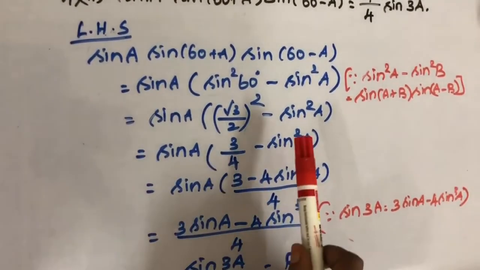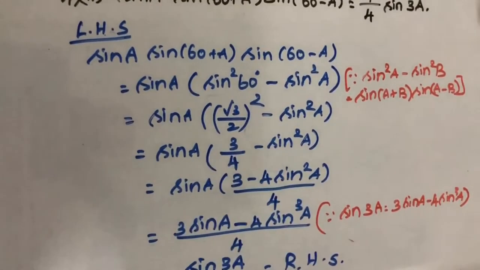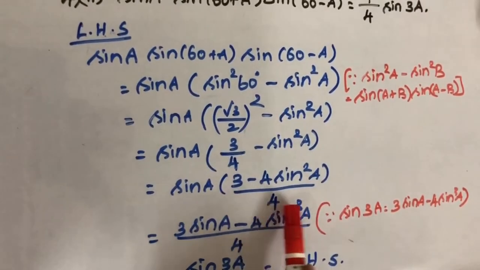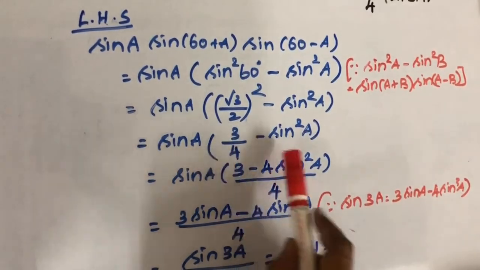So, 3 by 4 minus sin square A. Next, we take 4 as LCM. That is 3 minus 4 sin square A divided by 4. Now, we can multiply sin A inside.